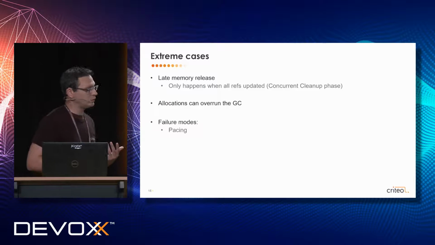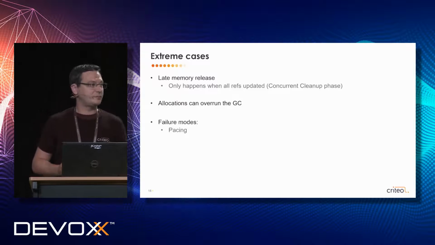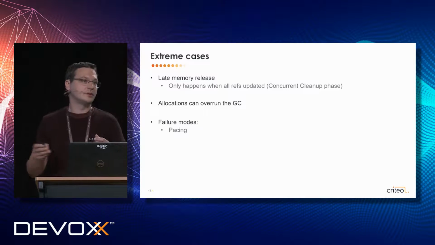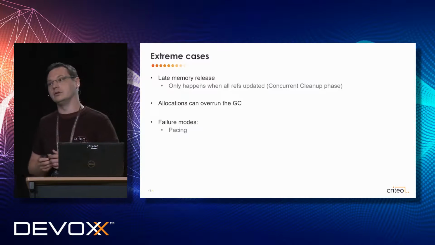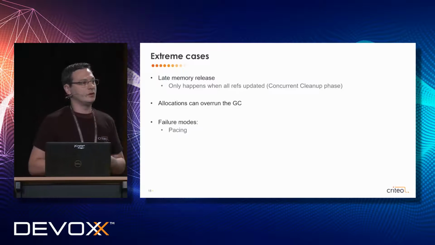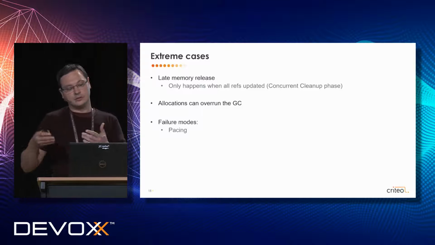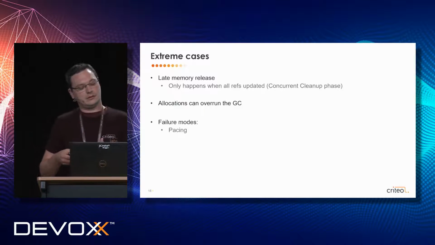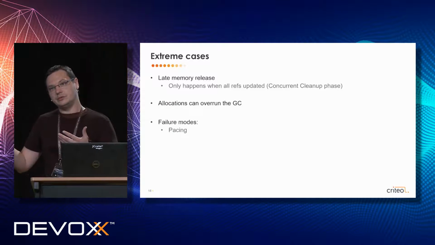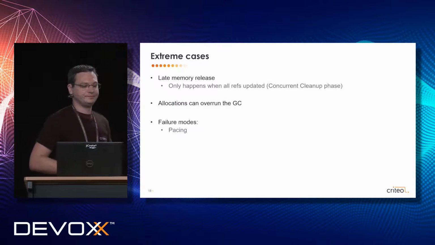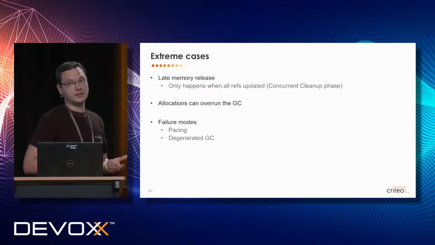So we have failure modes. The first mode is pacing. It means that we insert something like a thread.sleep into the allocation path for the application thread. So your application thread is trying to allocate, and the GC will slow you down to try to keep up with the GC cycle, up to 10 milliseconds.